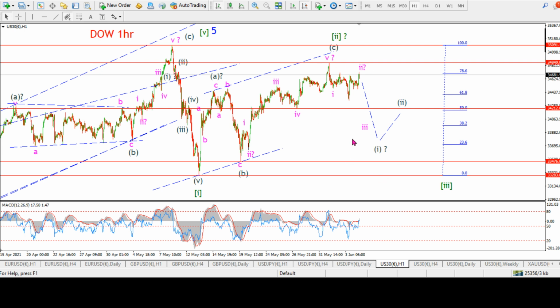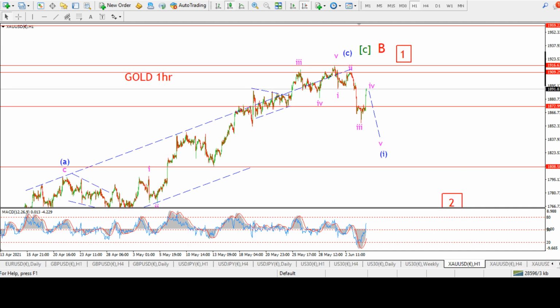So we're in a critical few days. I mentioned that last night in the update. We are moving again into a critical few days next week. If we spill down in 5 waves, then we're on for wave 3 down. So let's see how that goes.